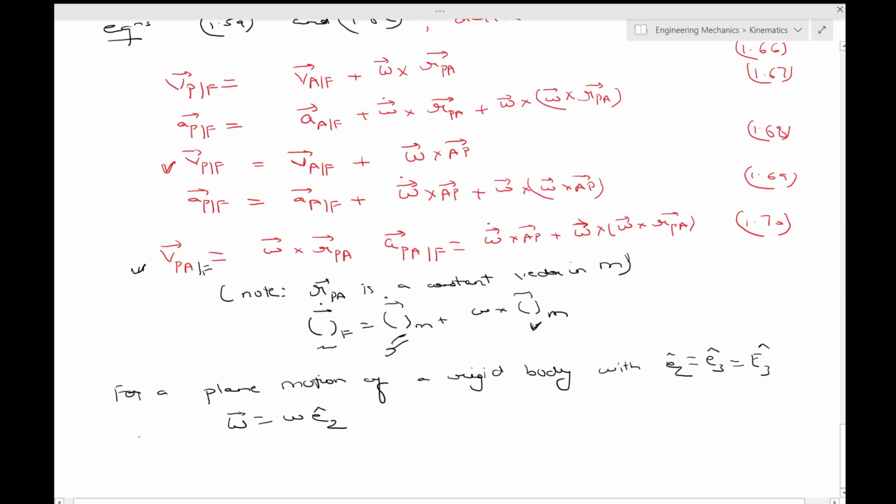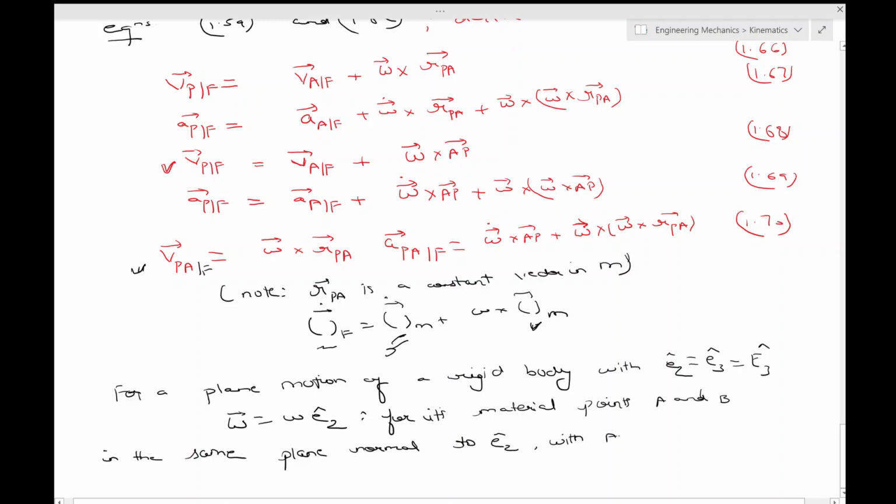Now for its material points A and P, in the same plane normal to Ez, with AB equal to R ER.